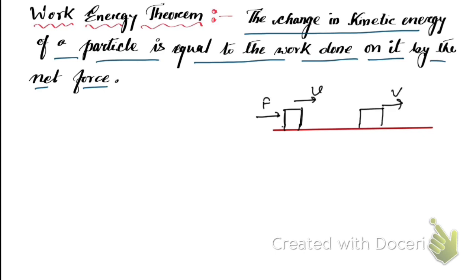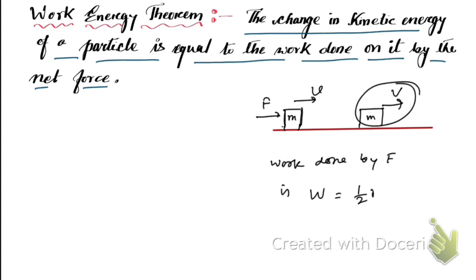Then the work done by this force, if its mass is m, is given by the final kinetic energy, half m v square, minus the initial kinetic energy, half m u square. So the change in kinetic energy gives the work done by this force. Let me write it properly, just let me clean this.